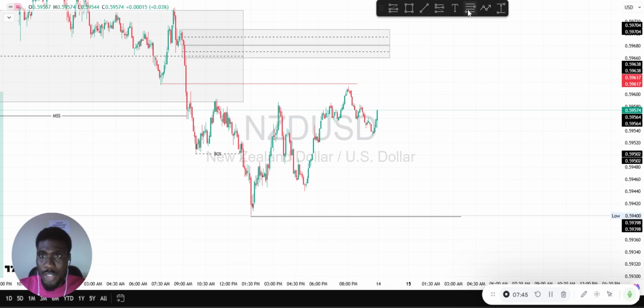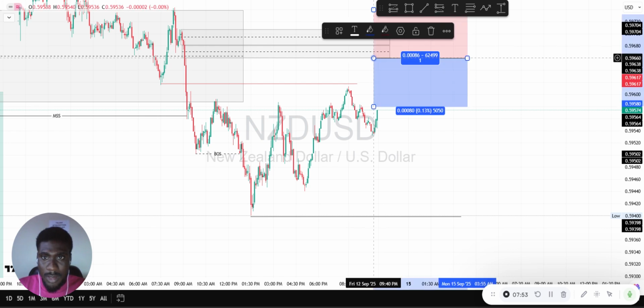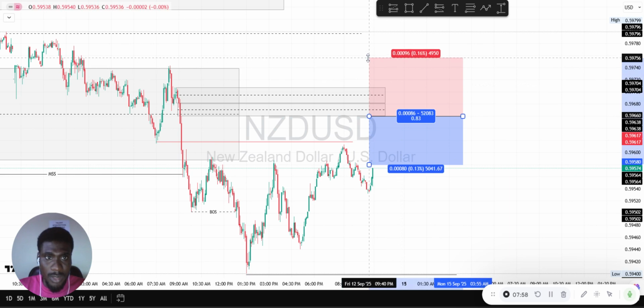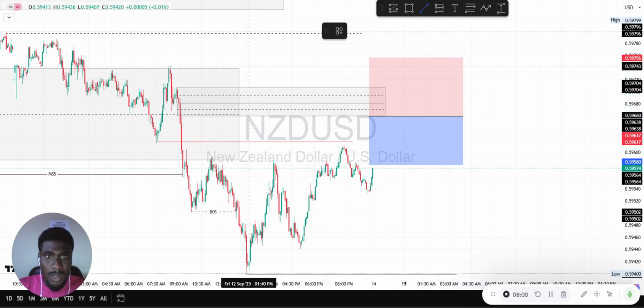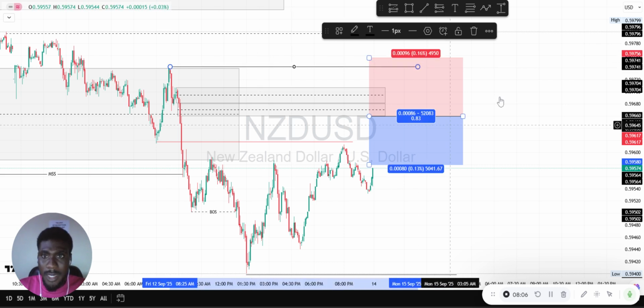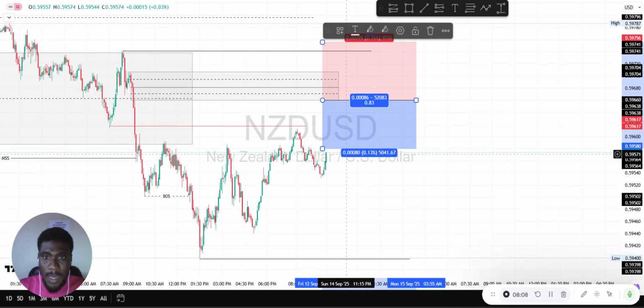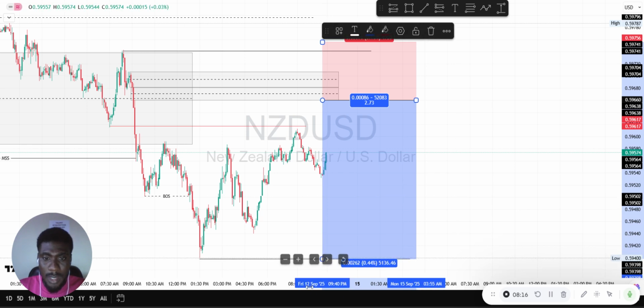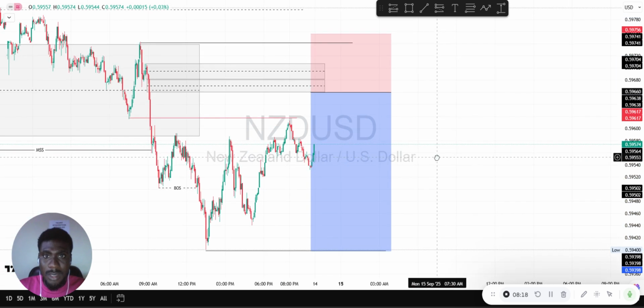Then we'll take our short position just here, and of course cover this zone, because if price should take this out, it means we have a valid market structure shift. Then target the next liquidity, which is there. So let's see what price holds for us next week.